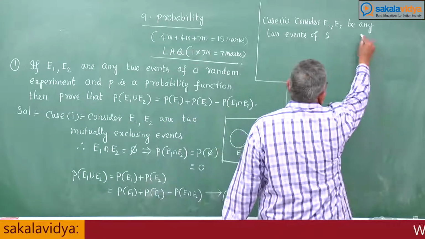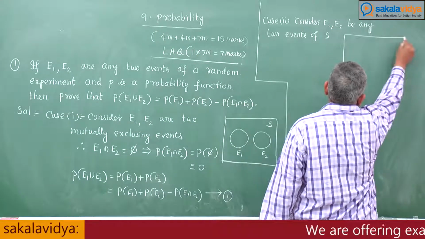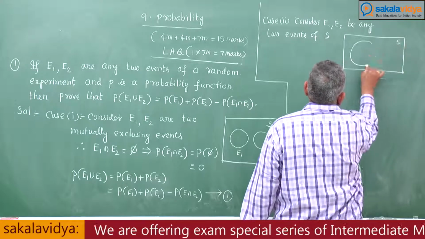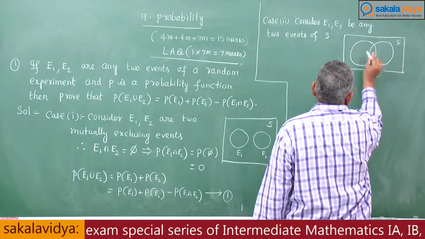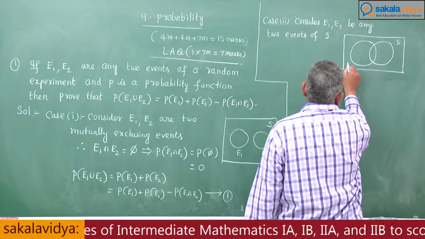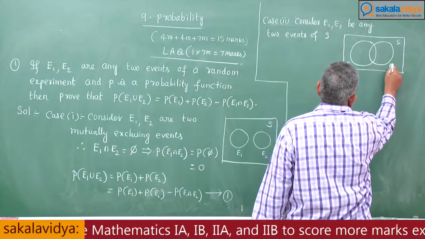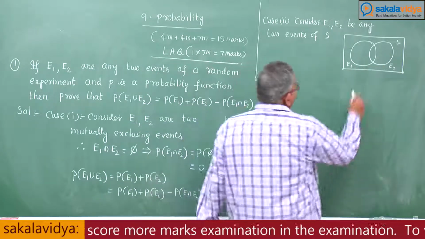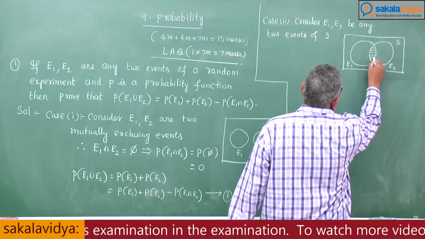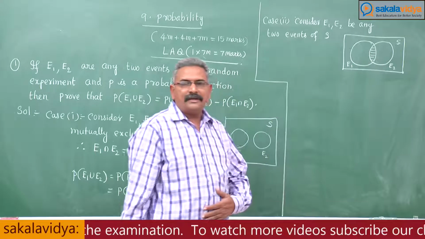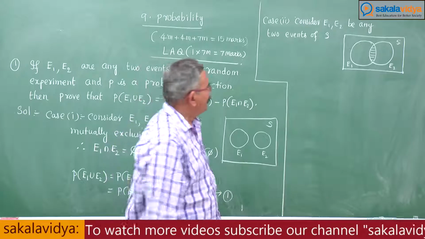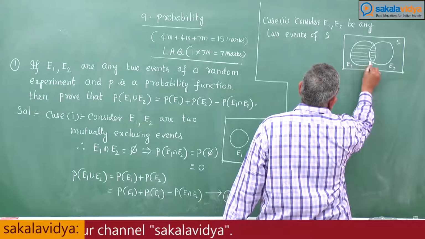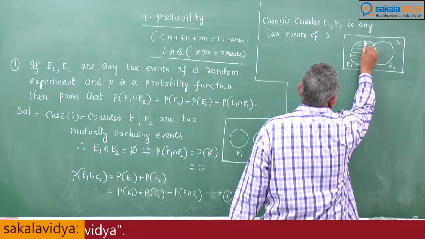So this time the sample space will be like this. This is E1, this is E2. Now, what is this one? This is the intersection part, that is nothing but E1 intersection E2. What is this part? This is E1 minus E2.